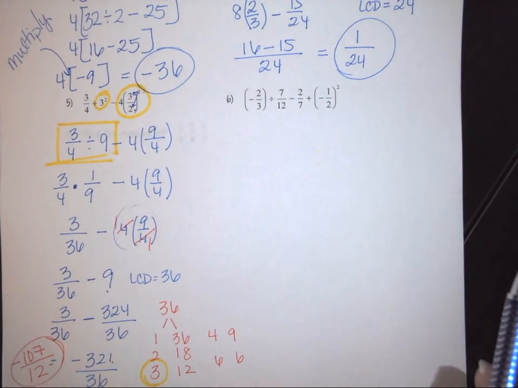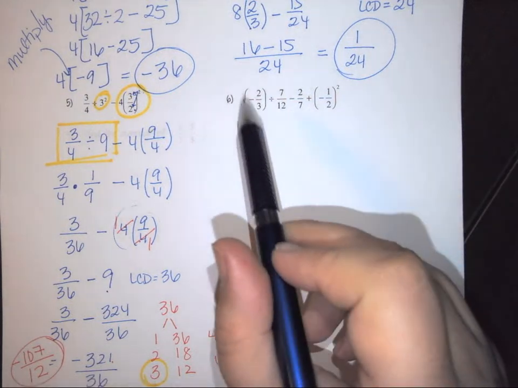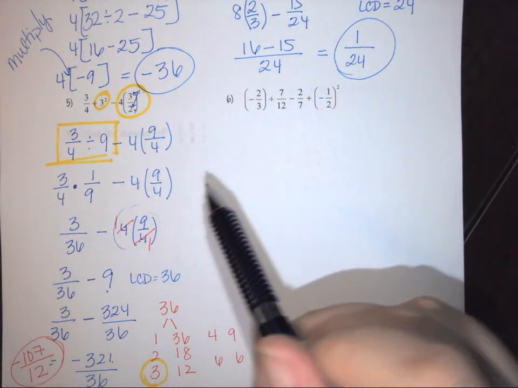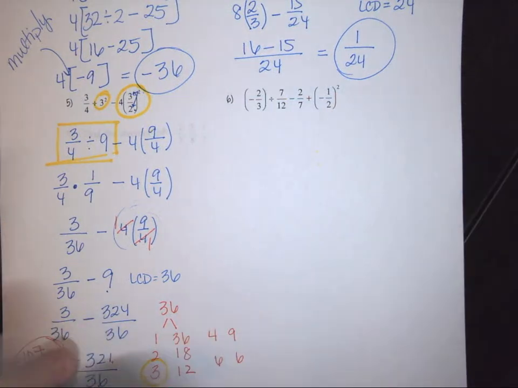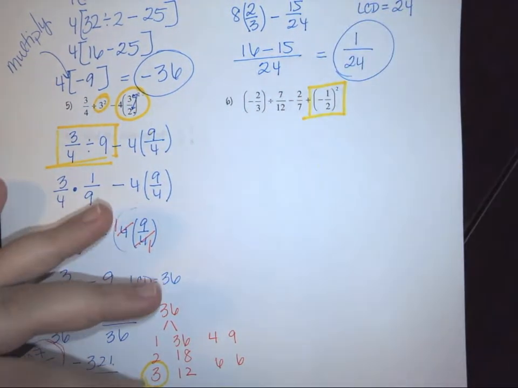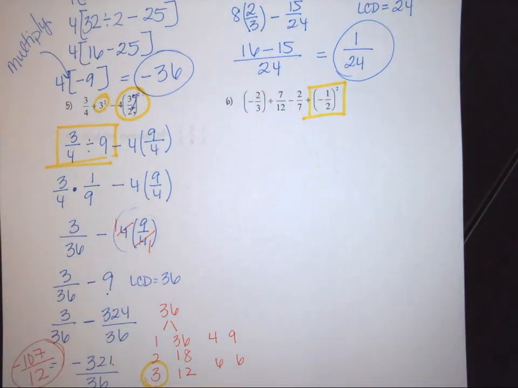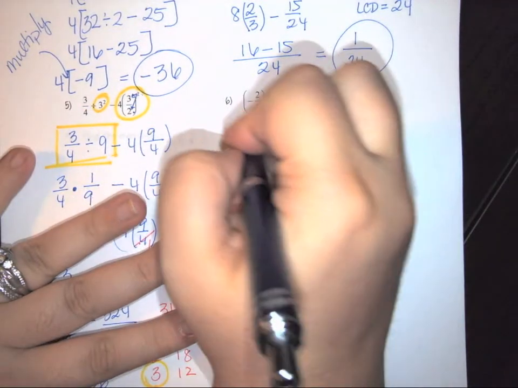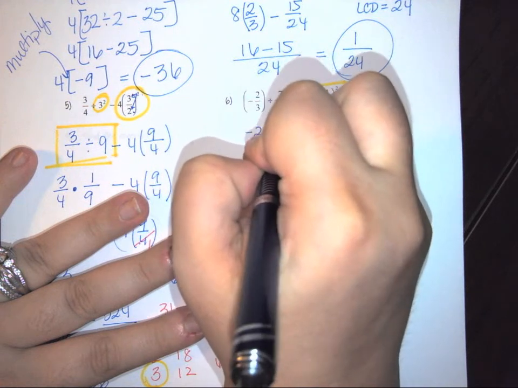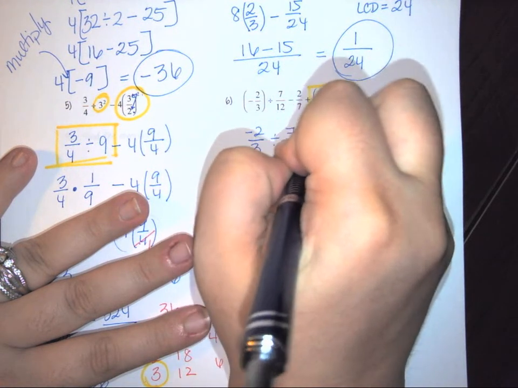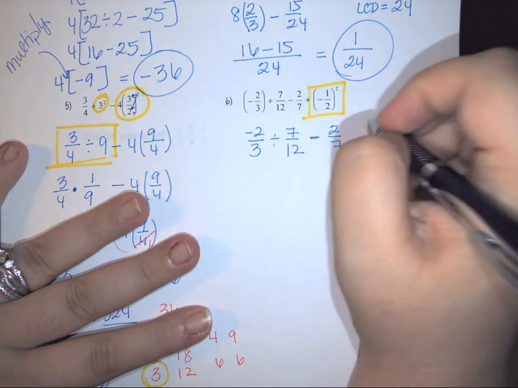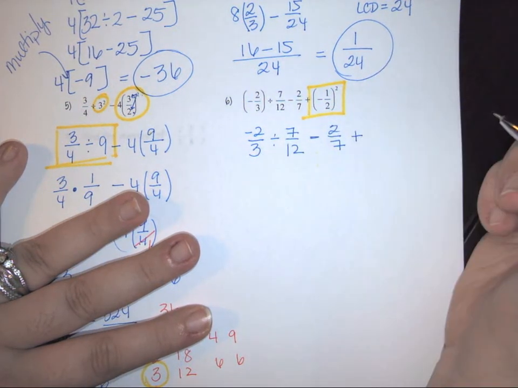Now here's another one that I have. Again, in terms of parentheses, I don't really have any, but I do have an exponent, and so this is where I'm going to start. So here I've got negative 2/3 divided by 7 over 12 minus 2 over 7, and then this is going to be plus.